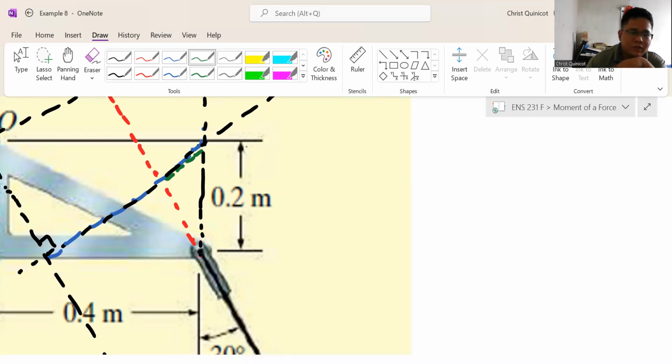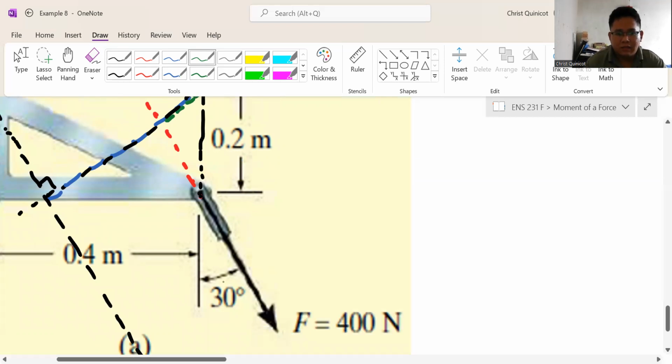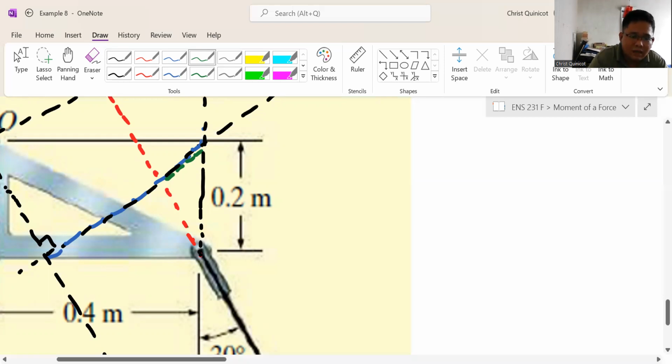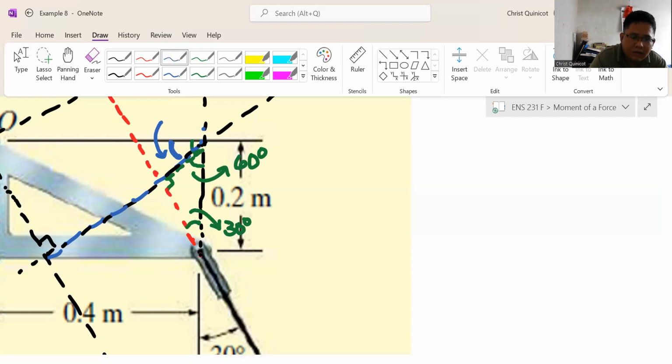What is important to know is that F is 30 degrees with respect to the vertical, so this angle here is also 30 degrees. Since this is 90, because we are bisecting lines, this angle here is 60 degrees. And since this is 90, this blue angle here is also 30 degrees.